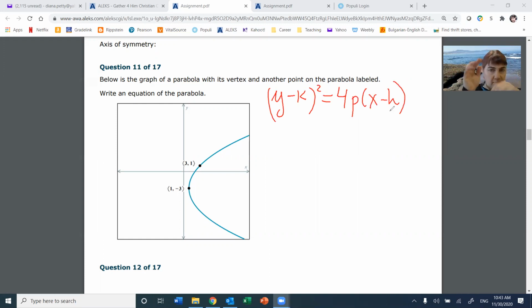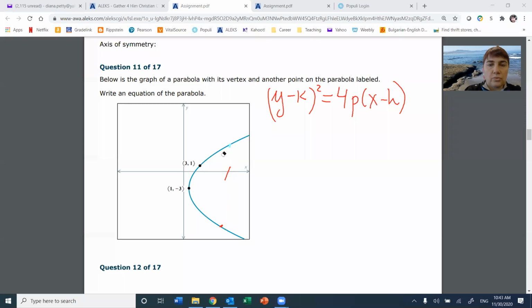When the parabola is opening to the left or the right, it's y squared, because the plus and the minus y would give you the same value of x. That's why it's y squared in this case.